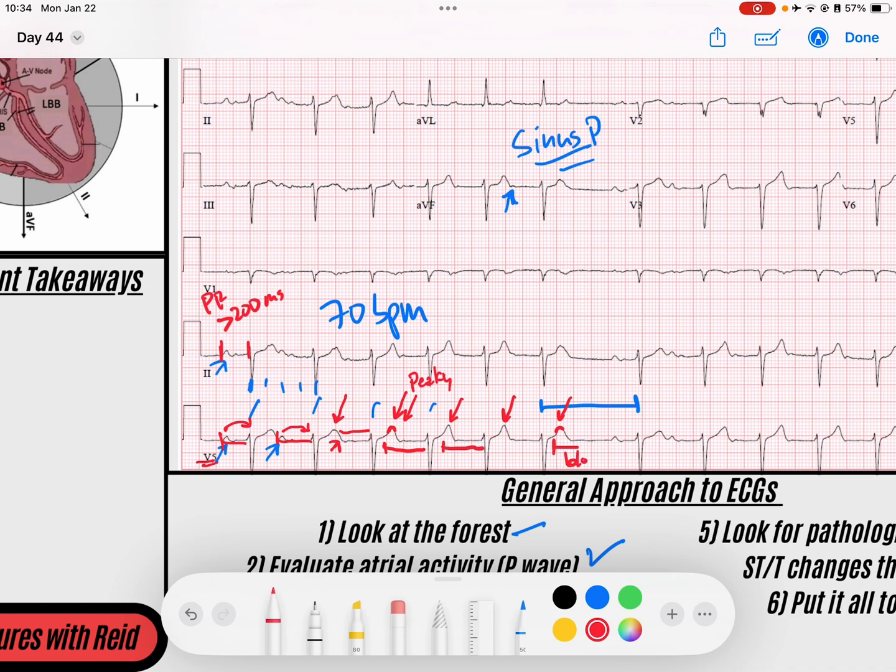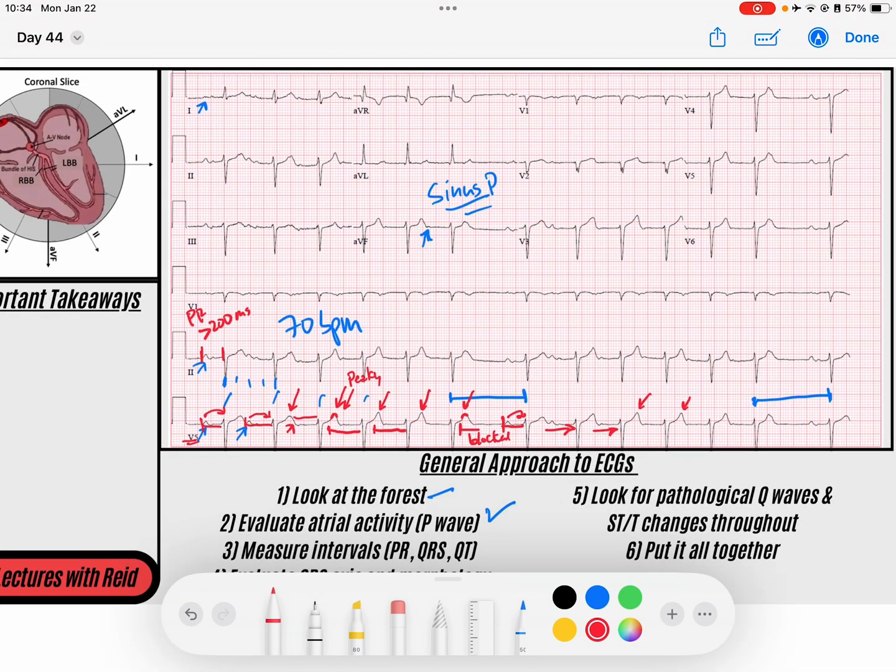So it is blocked here. Then all of a sudden we start the cycle over with this P wave to this QRS, and it happens again and again. Then we see the P on the T wave until it blocks again. Here, you can see that P wave that doesn't conduct. So, what is it called when our PR interval gets progressively longer and longer until it gets blocked?